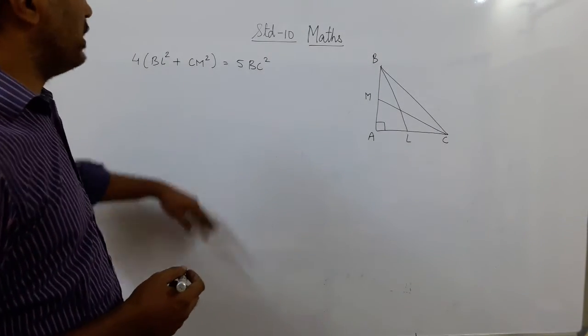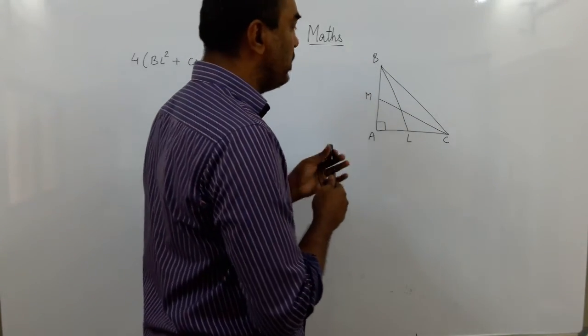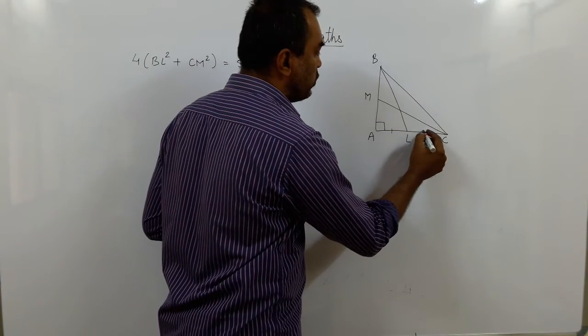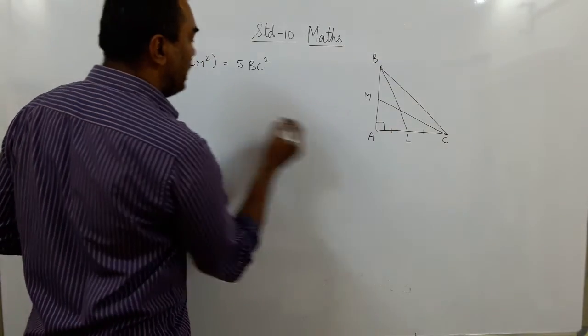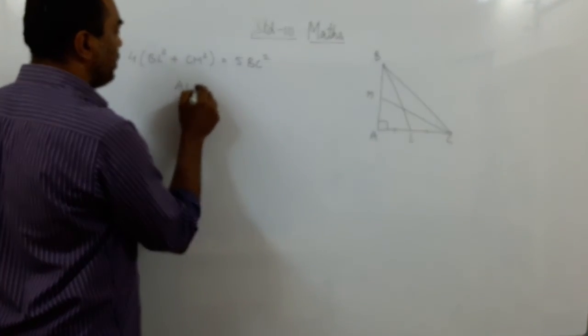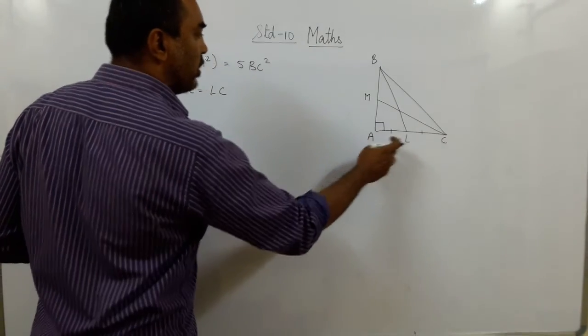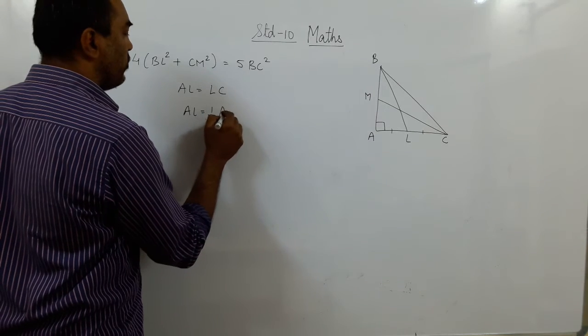I have not written it here, I am just telling you. What is the median? Median is the line segment which divides the opposite side into two equal parts. Because BL is the median, AL equals LC. They both are equal, or we can say AL is half of AC.